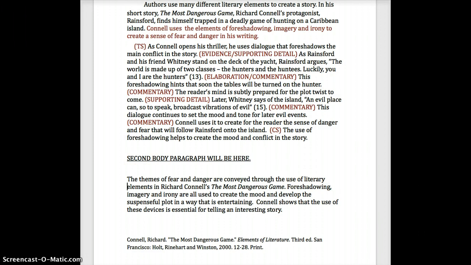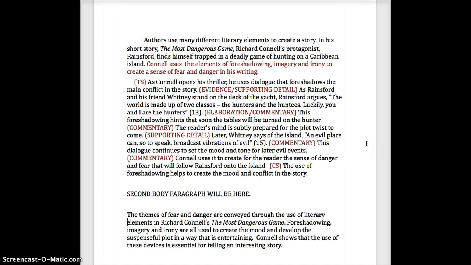Now, I want to call your attention to a couple other things in this paper. Okay? The supporting details are quotes from the story. This is an excellent way to present your supporting details. You find the quote that you're going to talk about, which you feel demonstrates what you've said in your thesis.